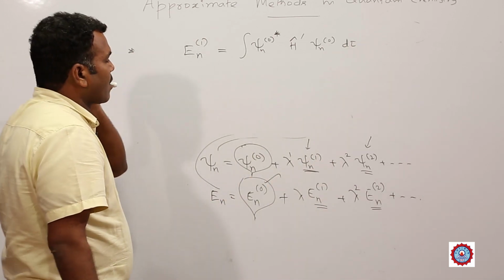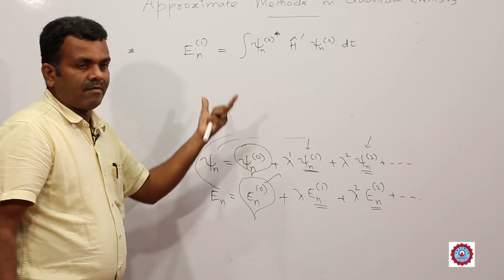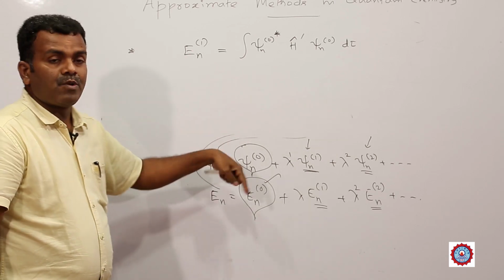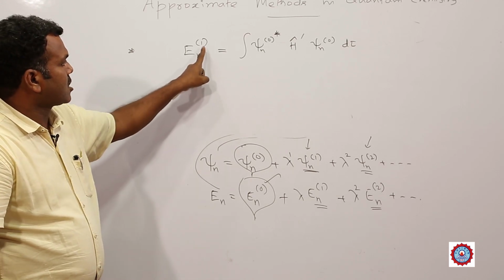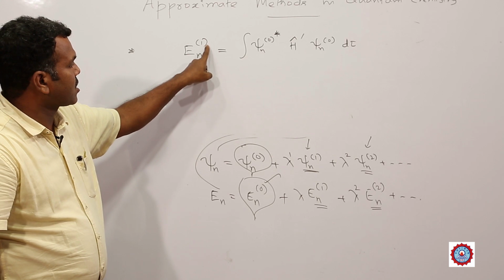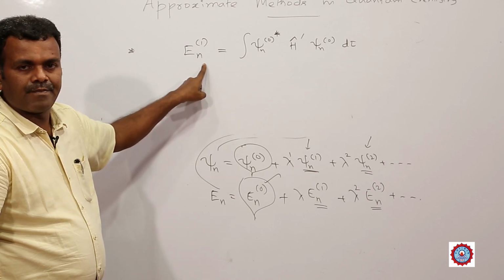So, this is the result we will get, okay, if you do the mathematical simplification. Okay. So, what is this? This is nothing but first order correction to the energy of the nth state, right.